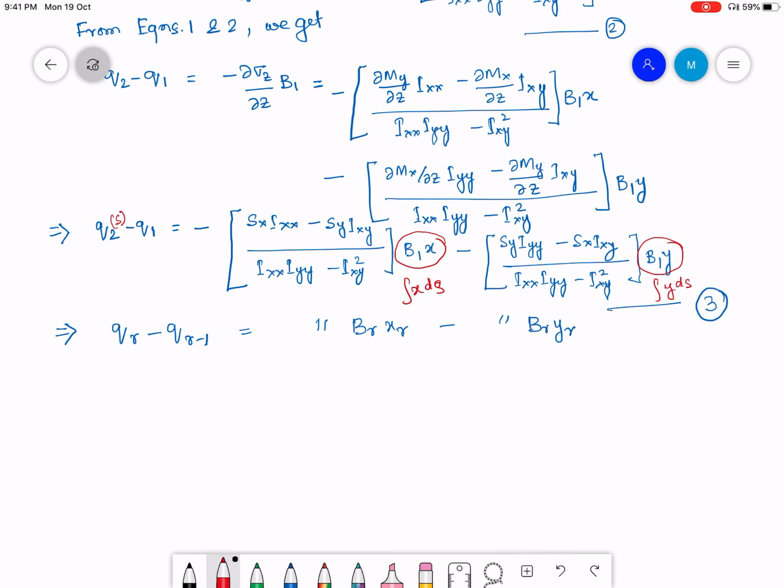Finding this integral was a very cumbersome process, and it made the calculation of shear flow in an actual cross section very tedious.